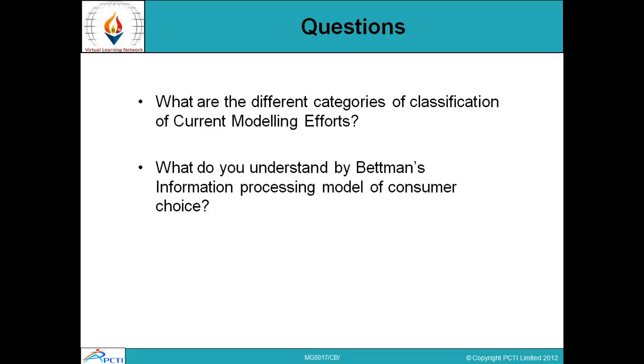What do you understand by the Batman information processing model of consumer behavior? Can you recall that? The Batman model of consumer behavior is the recipient of a large amount of information from marketers, competitors, and the rest of the environment.